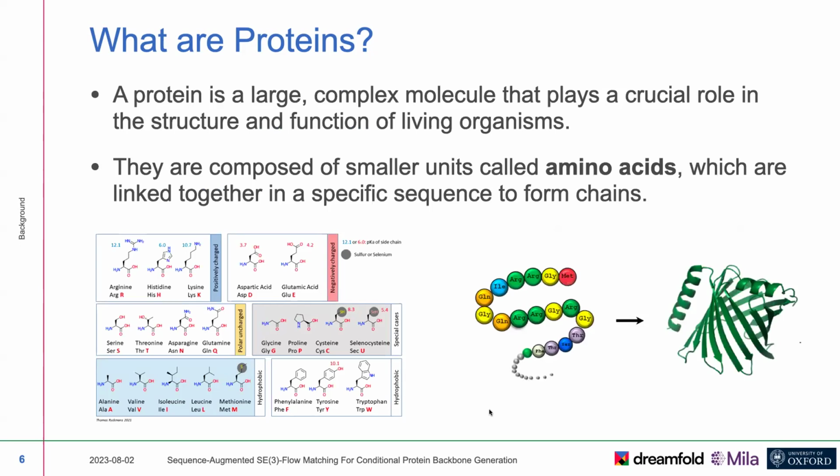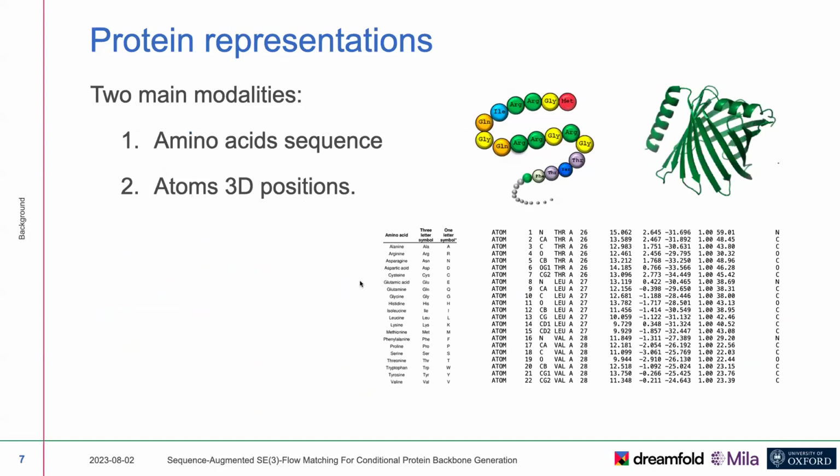It's worth noting that each of these amino acids is composed of different atoms. So here we have a few examples of amino acids and the composition of their atoms and their bonds. And the main modality we observe, this is the data taken from the PDB, the Protein Data Bank, is this chain of amino acids and the 3D coordinates of the atoms.